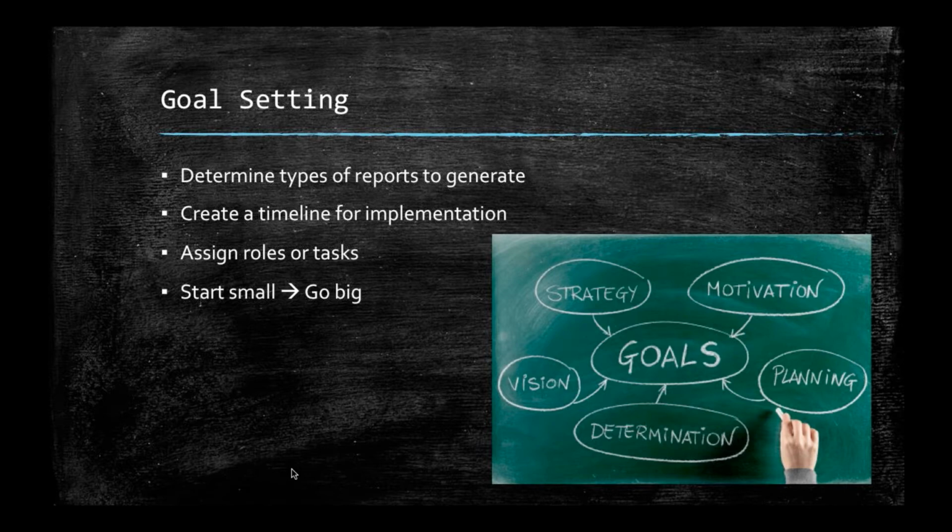And so probably in the next 6 months, we'll see how our timeline is going and we'll probably reevaluate from there. And then assigning roles or tasks, just having staff members know what their duties are for Examsoft rubrics, and then also having the faculty know how to grade.